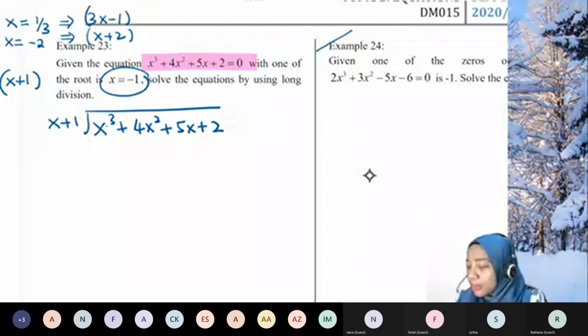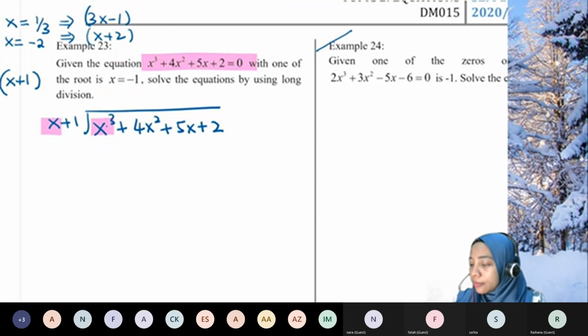Okay? Alright, so now I want you to think of what makes x cube. You tengok leading coefficient sahaja. Ini dengan ini. What makes x cube? X darab apa dapat x cube? Pastinya you perlukan x square, betul?